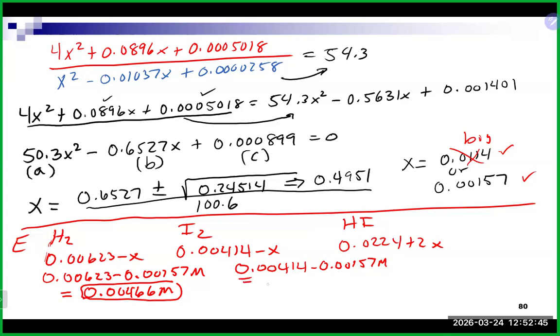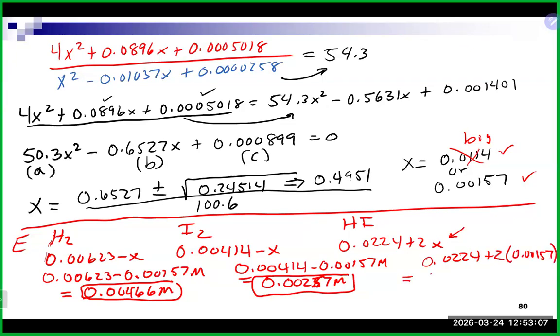That's going to give me an equilibrium concentration for I2 of 0.00257 molar. And lastly, putting in my X value there will give me 0.0224 plus 2 times 0.00157, going to yield me 0.0255 molar as my equilibrium concentration of HI.